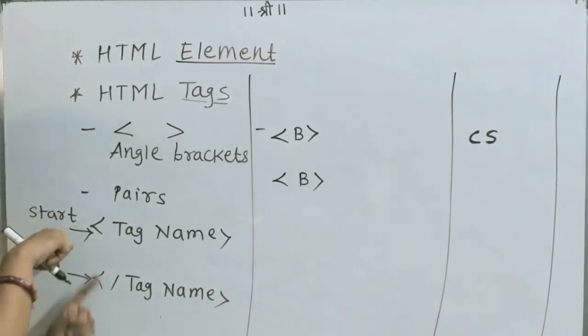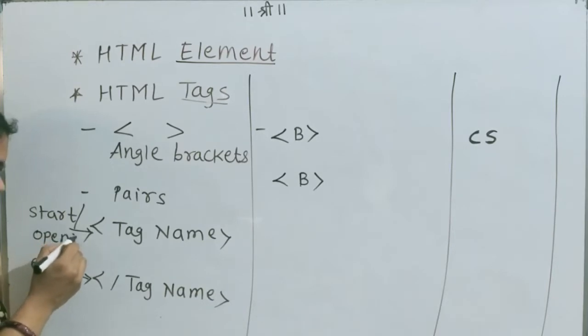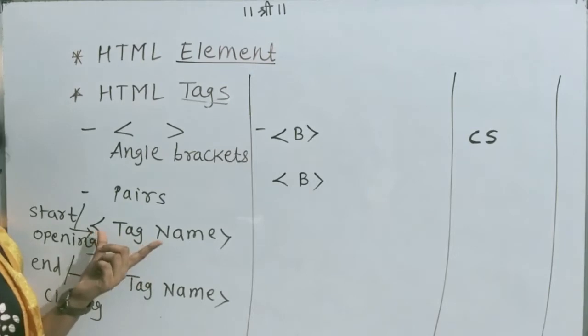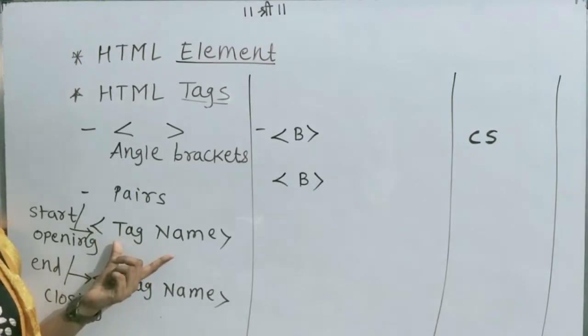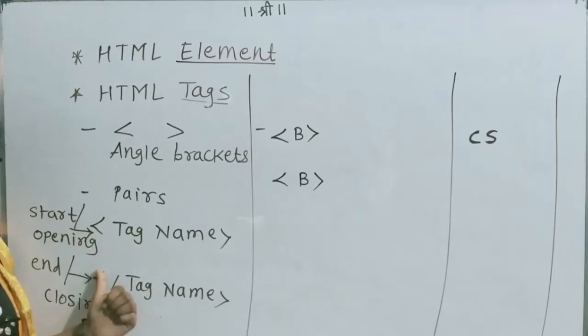The first tag is known as the start tag or opening tag. The second tag is known as the end tag or closing tag. The first tag represents the opening tag. The second tag represents the closing tag.